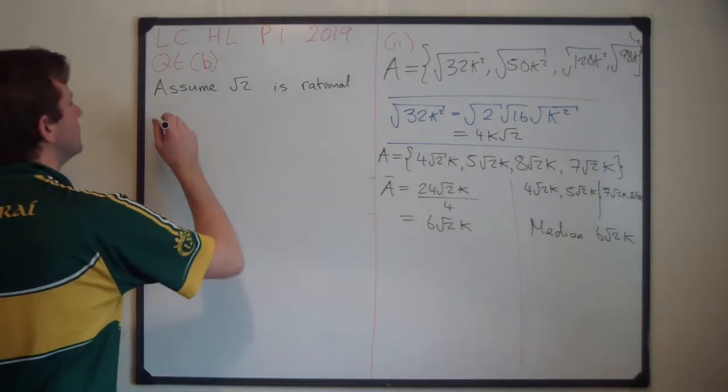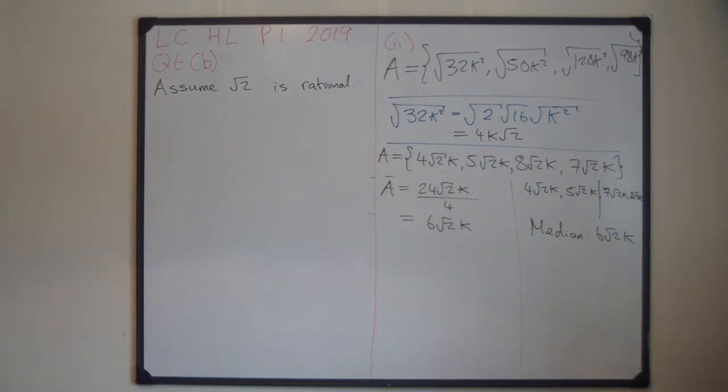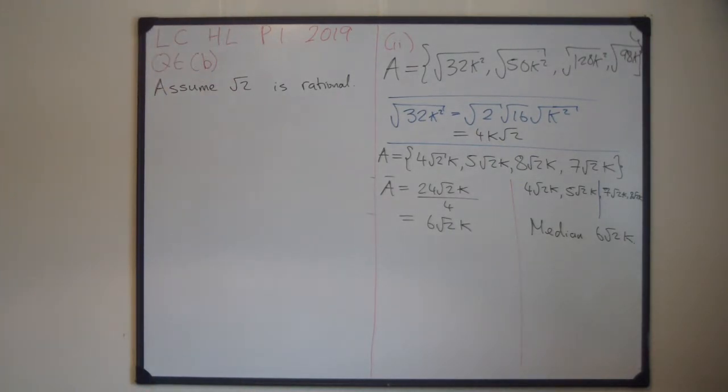Any fraction you can always get down to its lowest form, where the two numbers have no common factors. So for example, if you start with something like 8/6, you can divide above and below by 2 to get down to 4/3, and then there are no more common factors, and we say that's its lowest form.